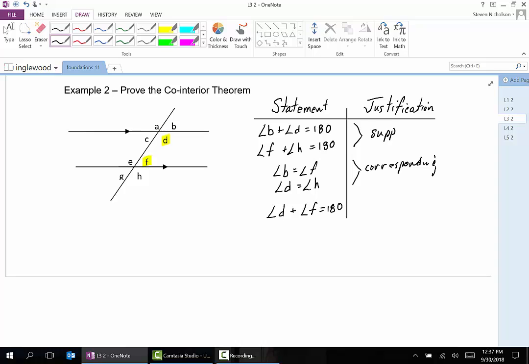And again, the reason would be substitution. So basically, we're just plugging one of them in for the other one, and we're getting our answer. Instead of having this B up here, I'm going to substitute this F up there, and then there's our angle F plus angle D equals 180 degrees.